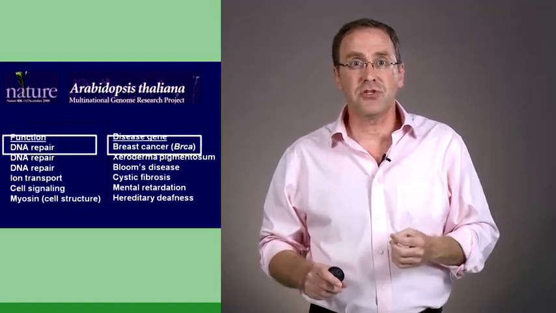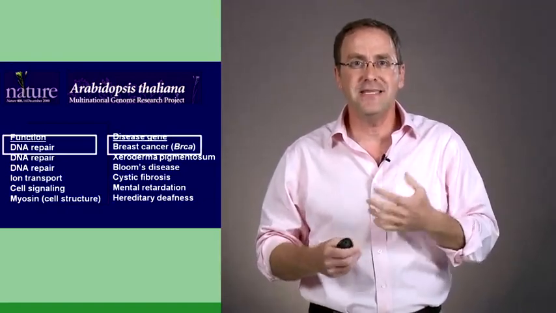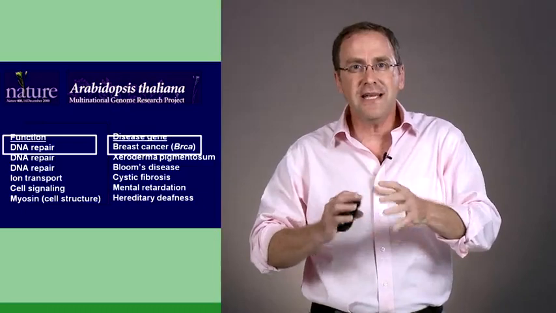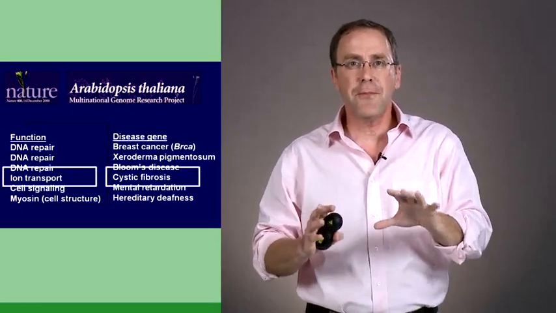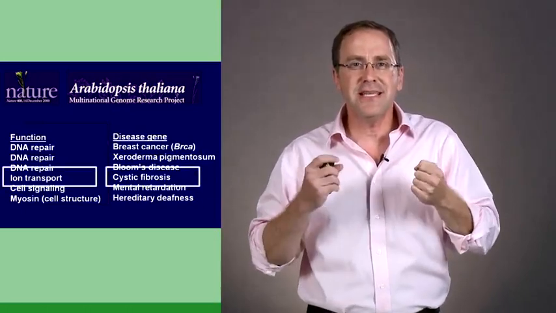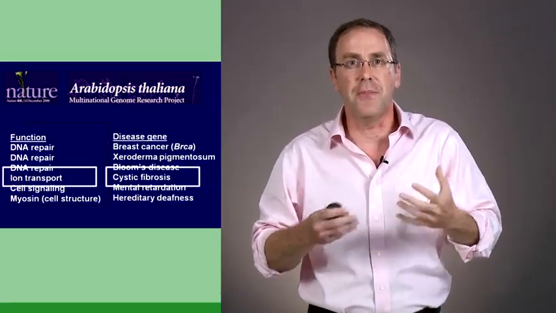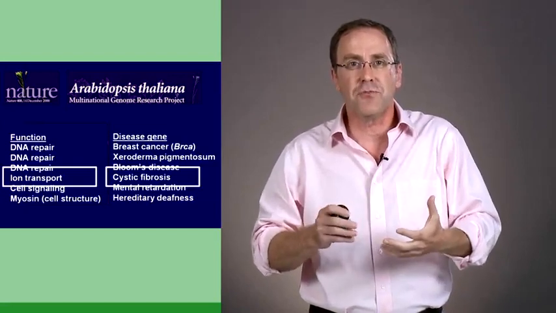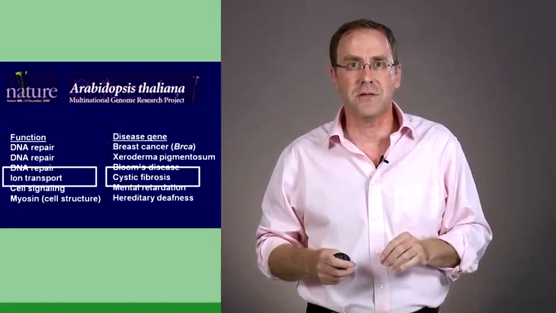BRCA, the breast cancer gene, has a function in fixing DNA, in DNA repair. When the DNA is not repaired properly, cancer forms. The cystic fibrosis gene has an essential role in the transport of salts, of ions in the body. When this doesn't function properly, we have respiratory problems, as in cystic fibrosis.